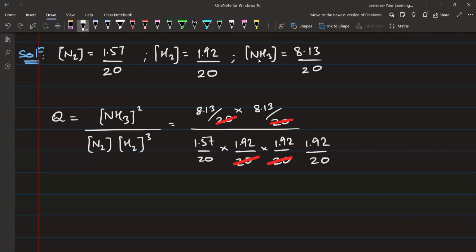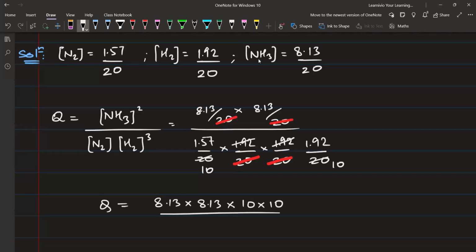Kids are like, why sir, why assume 2? We solved with 1.92, why will you assume 2? This will be 10 and this will be 10. So Q will be equal to 8.13 into 8.13 multiplied by 10 and 10 will go above, over 1.57 multiplied by 1.92.